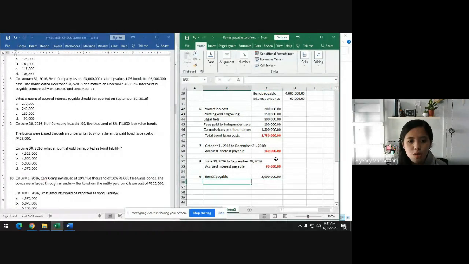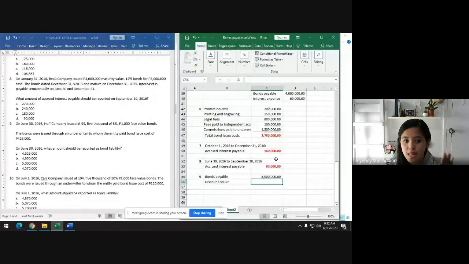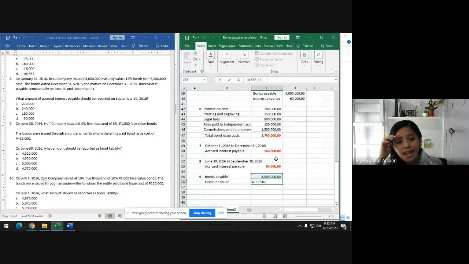Next, what do we add or deduct? We will deduct the discount on bonds payable. So that is 1%. Actually, we can go directly to 5 million times 99%. But this is just so you can see every label. So, the discount on bonds payable is 5 million times 1%, since it was issued at 99%.